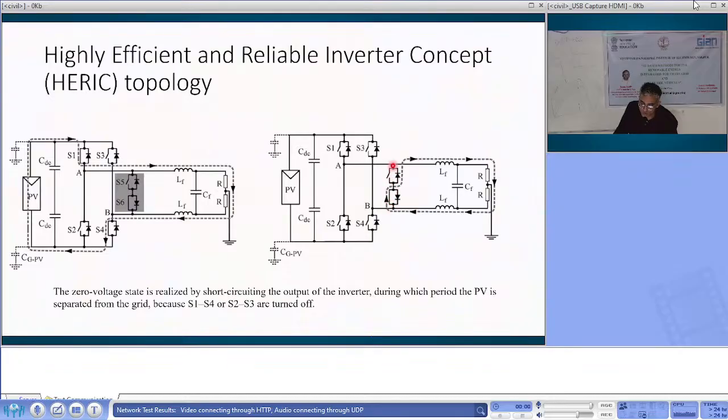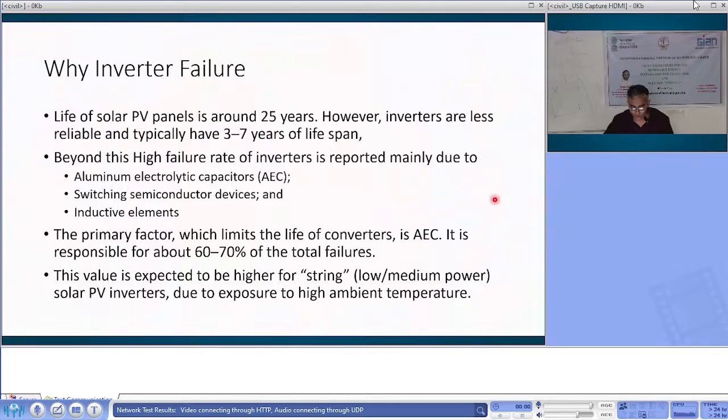These 2 switches being on will produce a 0 voltage across the grid, across the load, and all the other switches are turned off. So there is a complete isolation between the PV side and your grid side. So this is your AC decoupling. So this is the Herrick inverter technology.